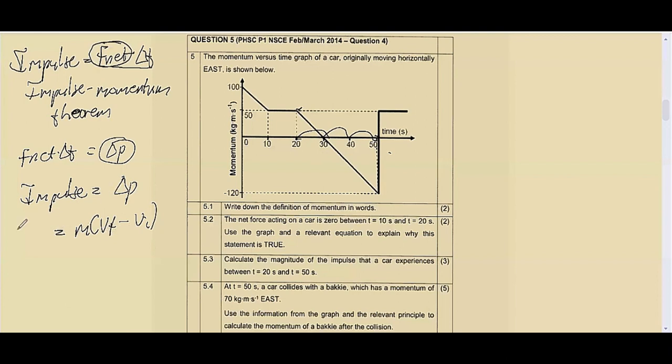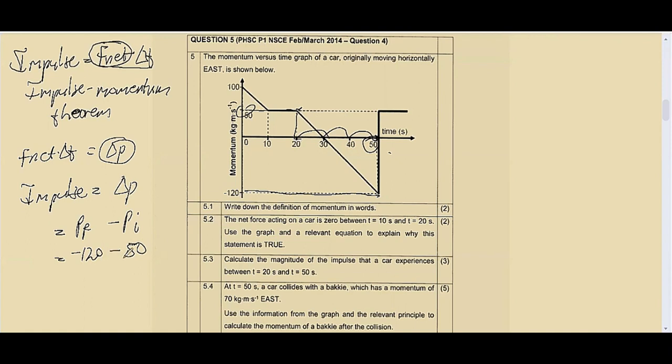momentum? Remember, change in P can be indicated as the final momentum, Pf, minus the initial momentum, right? We do have the final momentum, which is at time 50 seconds, which is negative 120. And we do have the initial momentum, which is at time 20, that is 50 kg meters per second.